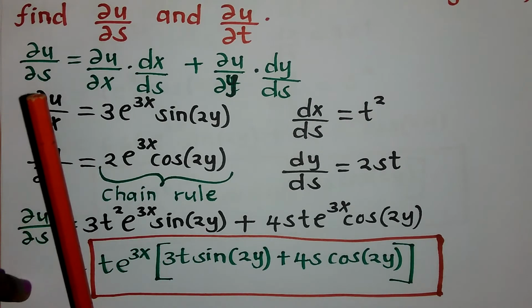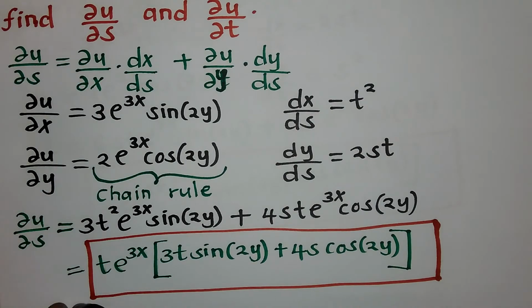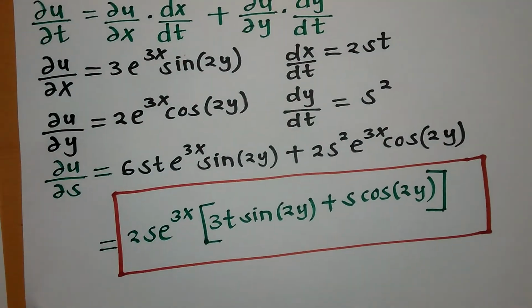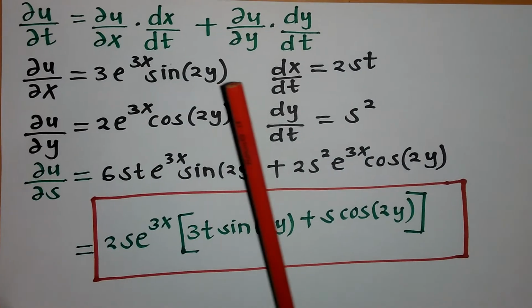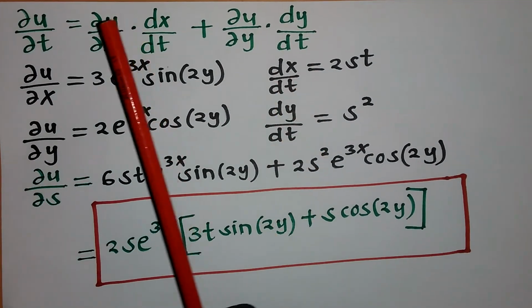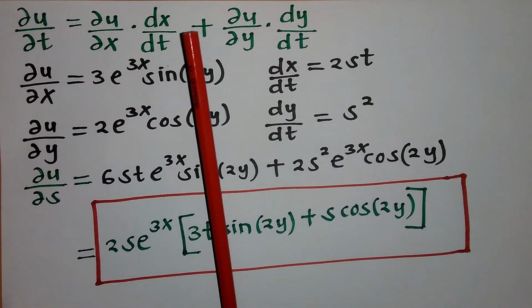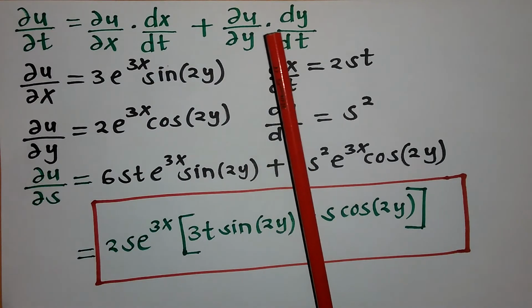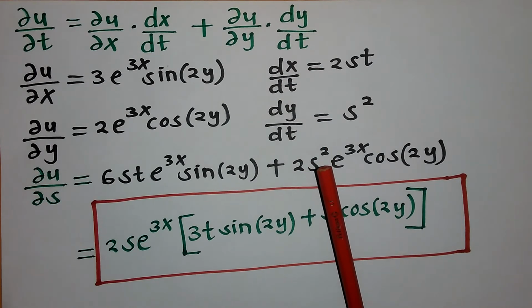So our derivative of u with respect to t is going to be given by the following. We have du over dt expressed as the derivative of u with respect to x multiplied by the derivative of x with respect to t, plus the derivative of u with respect to y times the derivative of y with respect to t.